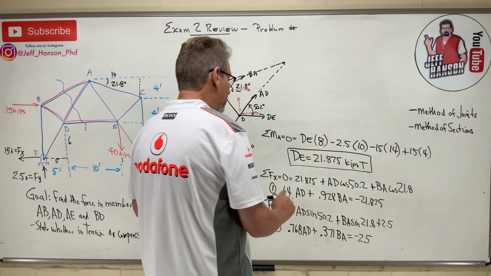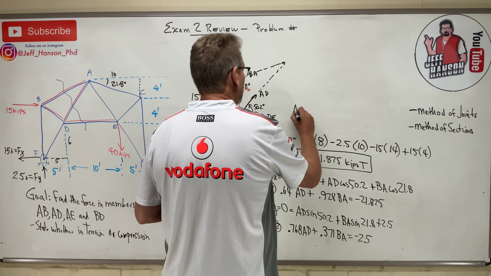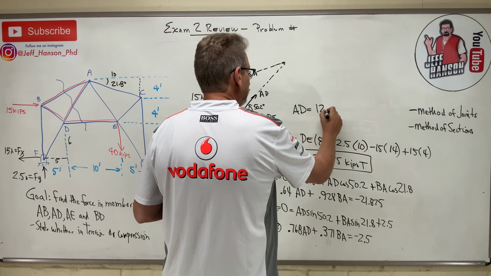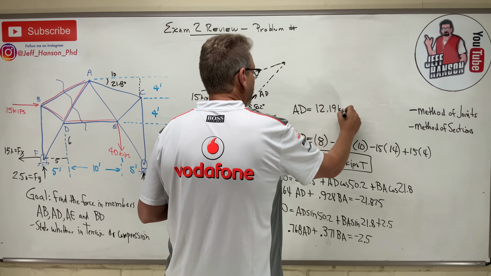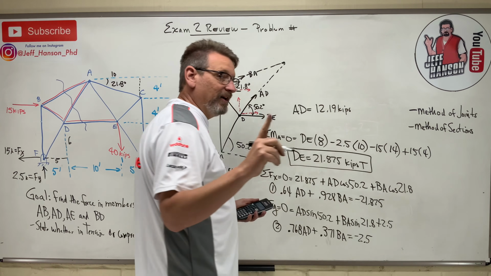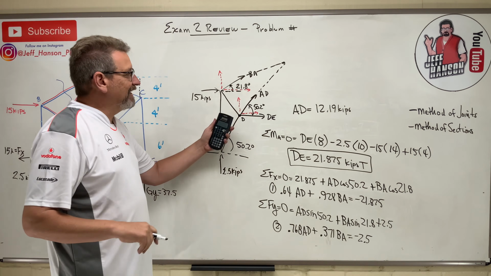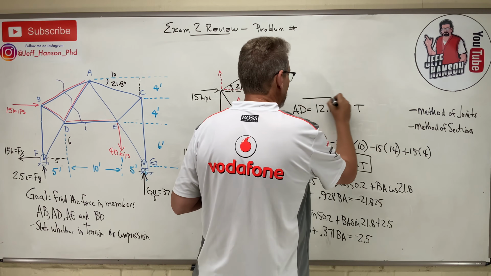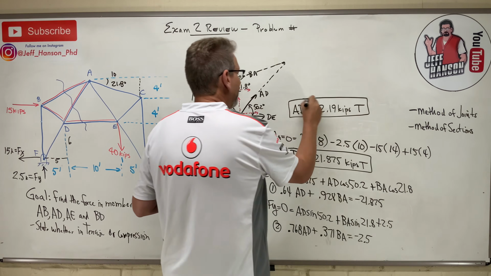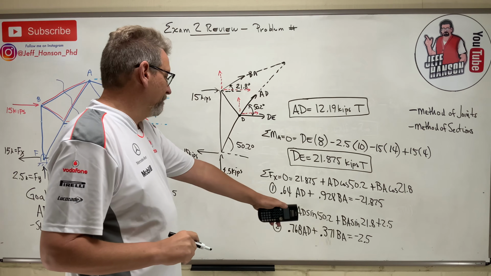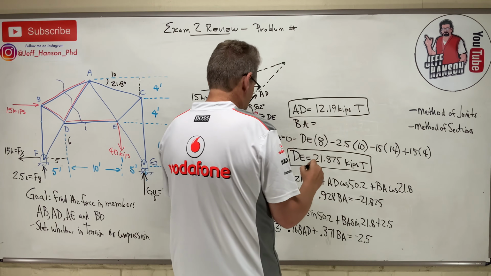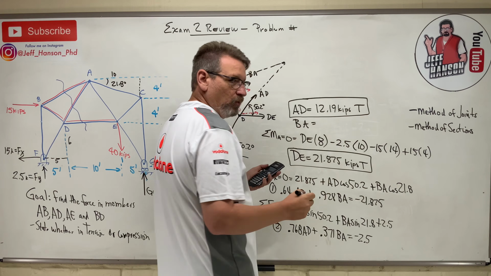And I get this. I get AD is equal to 12.19. And I got a positive answer. So AD, I drew in tension, so he's really and truly in tension. And then the other one, BA, I got negative 31.98.